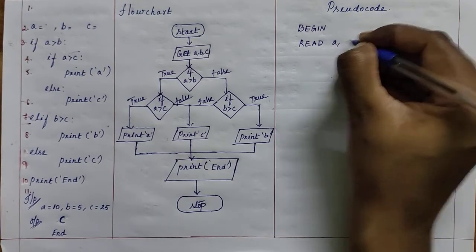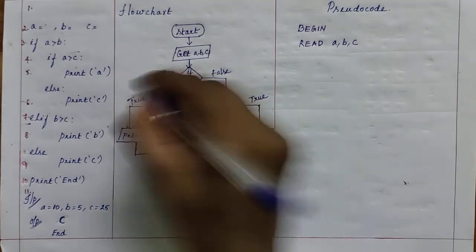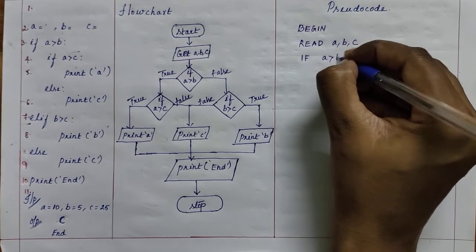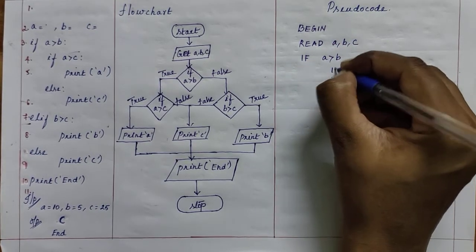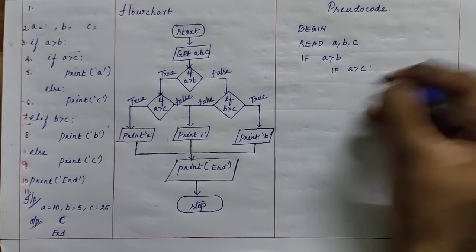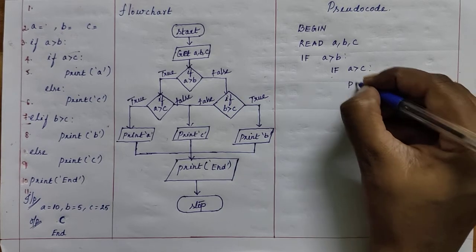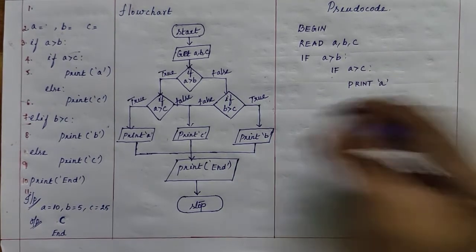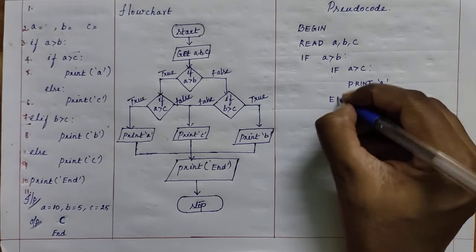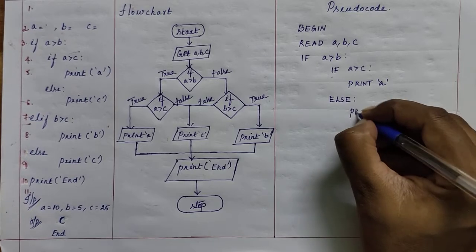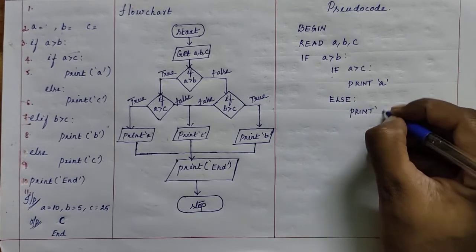READ a, b, c. Next is IF a is greater than b, and then IF a is greater than c, then PRINT a, and then ELSE PRINT c.